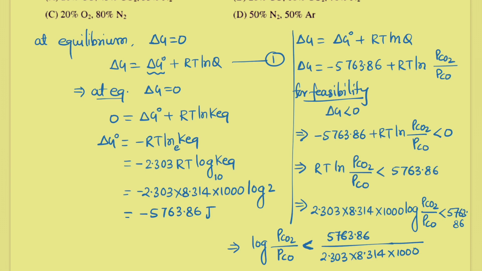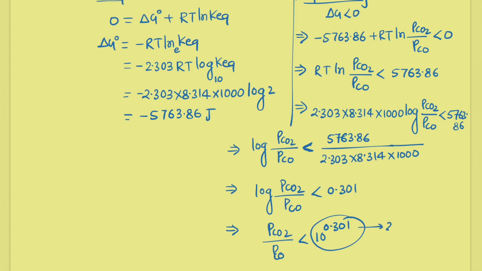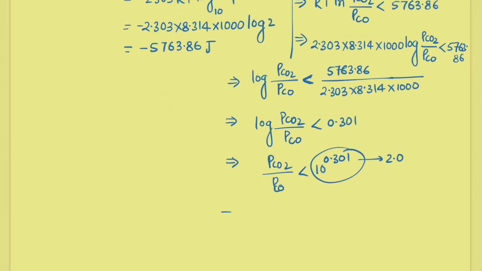Now if we solve further, we'll get log PCO2 by PCO less than 0.301, and if we take the anti-log of 0.301, it will be equal to 2. So we can say PCO2 by PCO is less than 10 raised to 0.301, and this value is approximately equal to 2. So we can say PCO2 by PCO is less than 2.